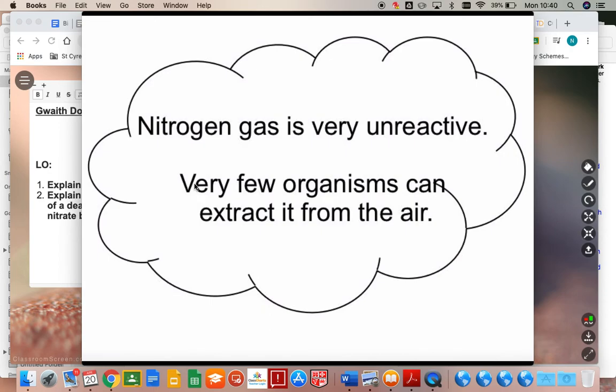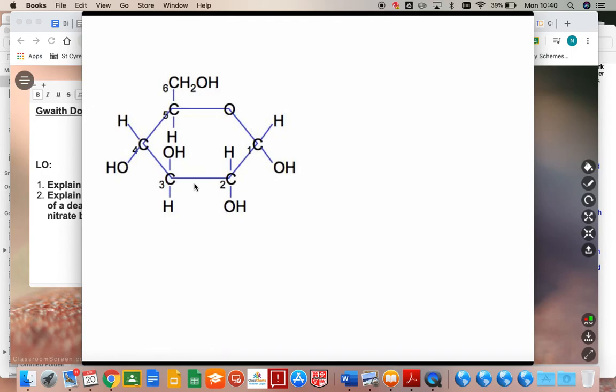Plants are able to take carbon dioxide and fix it into something useful like glucose. What we're going to look at is how some bacteria are able to take atmospheric nitrogen and fix it into nitrates. So what's the point of this?